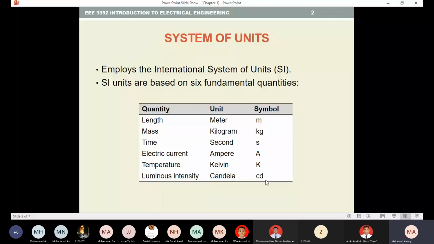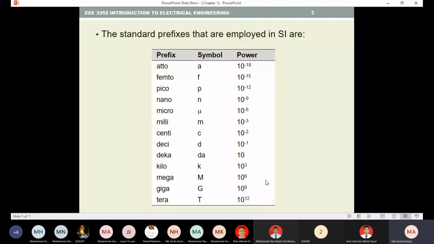These are the standard prefixes that are employed in SI units. Atto, symbol a, is 10 to the power of minus 18. Femto, f, 10 to the minus 15. Pico, p, 10 to the minus 12.